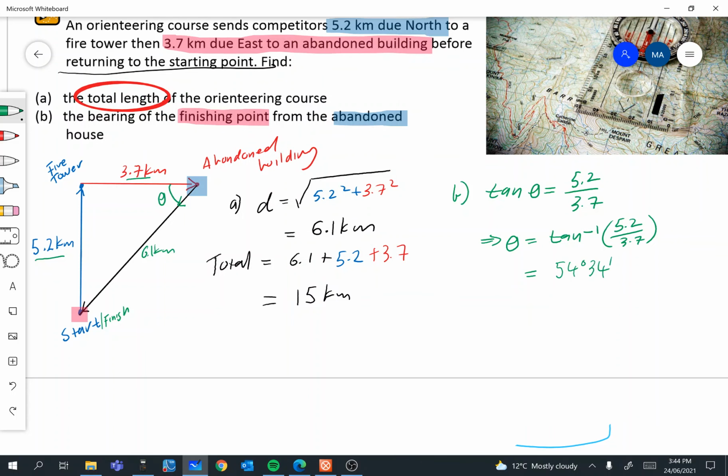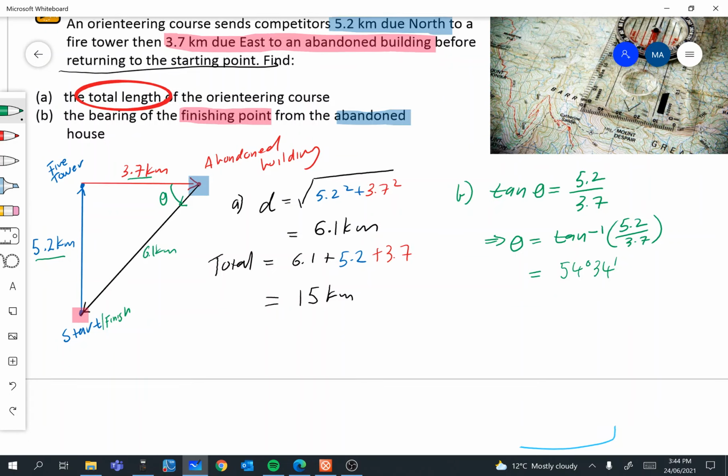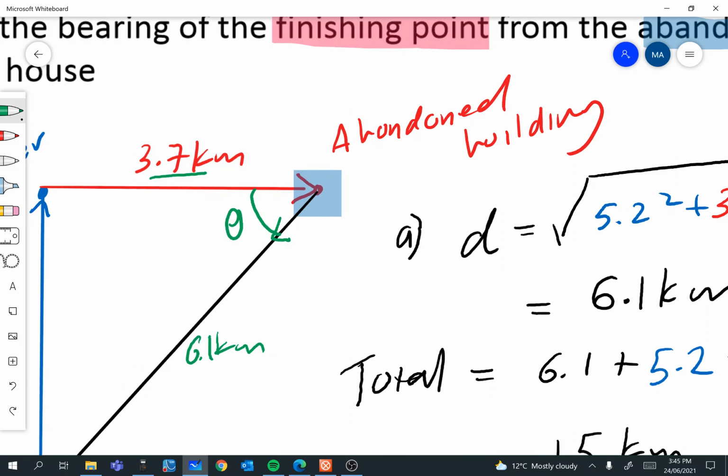Now that's not the final answer. We need to give this as a bearing. So if we consider that this angle is actually 54 degrees and 34 minutes in here, so if we think, okay, we're going to be looking due west in this direction, how far round to the south do we look?